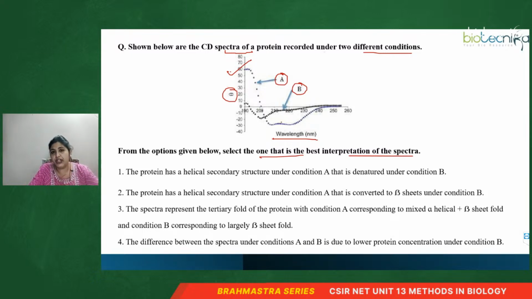Similarly, beta sheet shows a peak. Actually here we get not a peak, we usually say positive band and negative band. Here you can see the values above zero indicate the positive band, and the values below zero give the negative band.